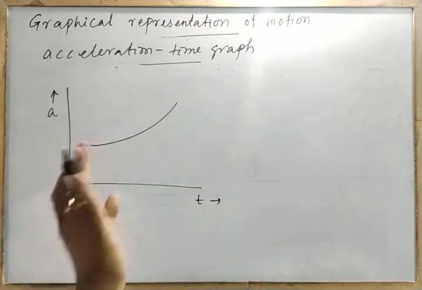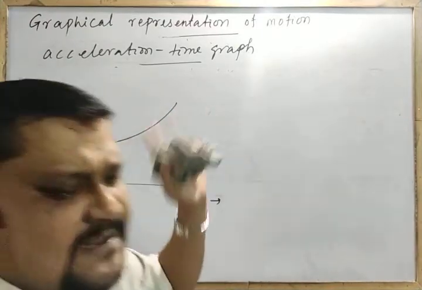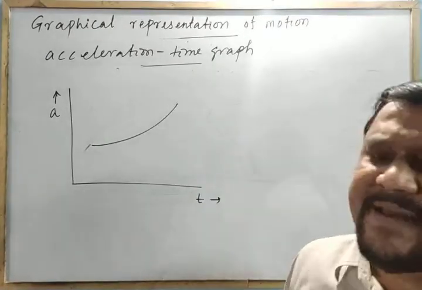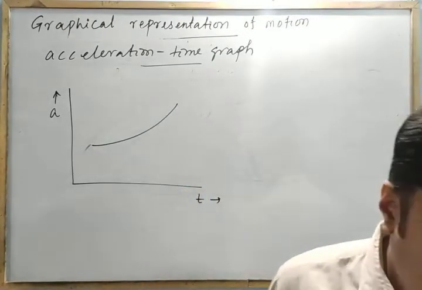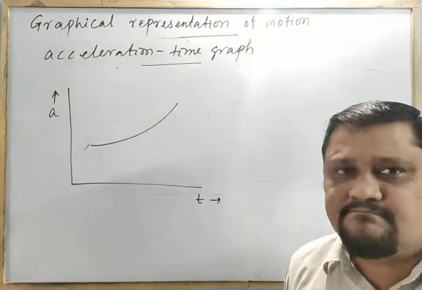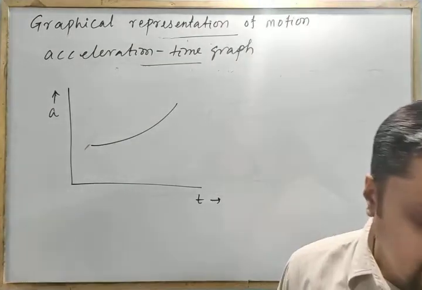It is only one nature of graph. It is the variable acceleration. Acceleration is not constant, the acceleration is variable. It changes with respect to time. Suppose I ask you, what is the velocity from this graph? Velocity of the particle in this graph.